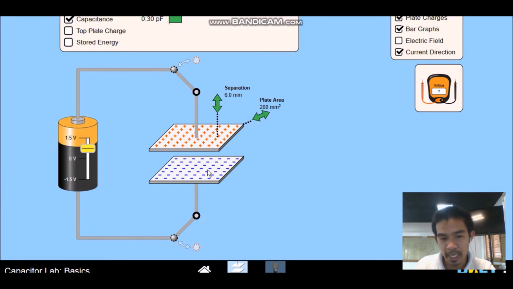Then this plate has more electrons present, so it will be negatively charged, and this plate has more protons because it lost electrons to the other plate. So this plate is now positively charged, but the whole capacitor is still neutral, right? Because the number of electrons lost by the upper plate is also the number of electrons gained by the lower plate.